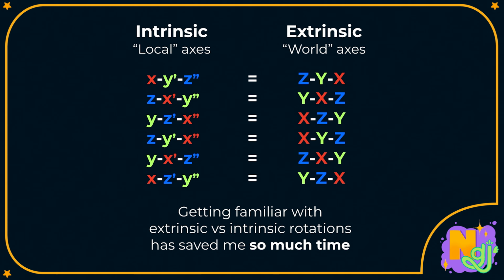Getting familiar with the concept of extrinsic versus intrinsic rotations has saved me a ton of time swapping quaternions, inverting one of them, adding a third quaternion, subtracting quaternions. I don't know, swapping rotations until it works, right? I don't like doing that. After learning about this, I've saved so much time.